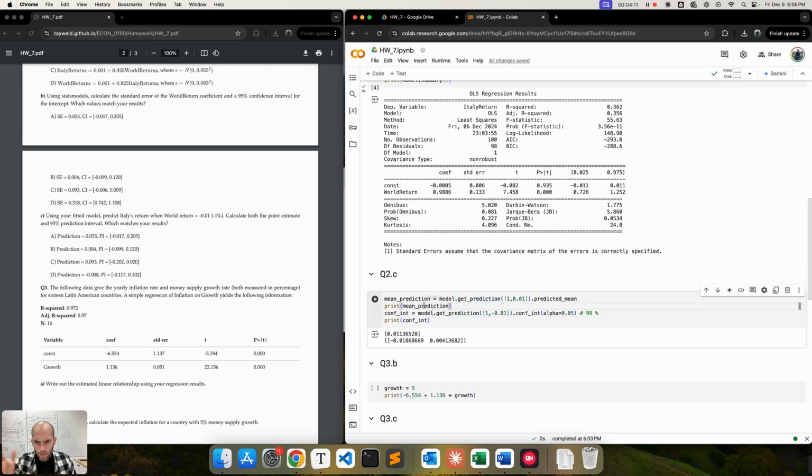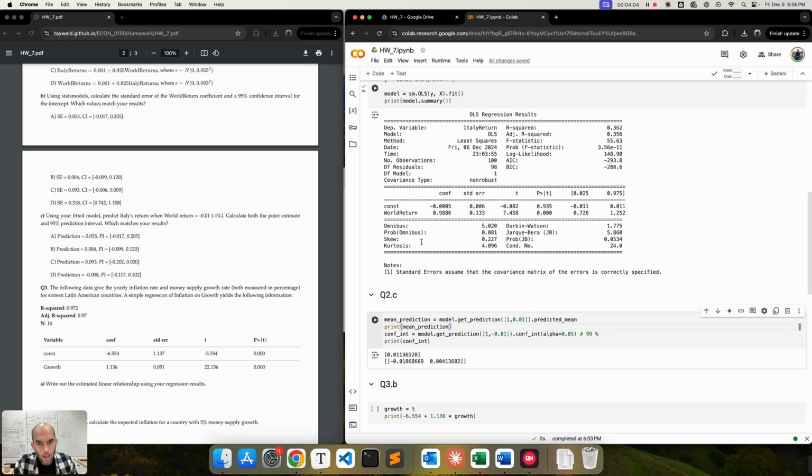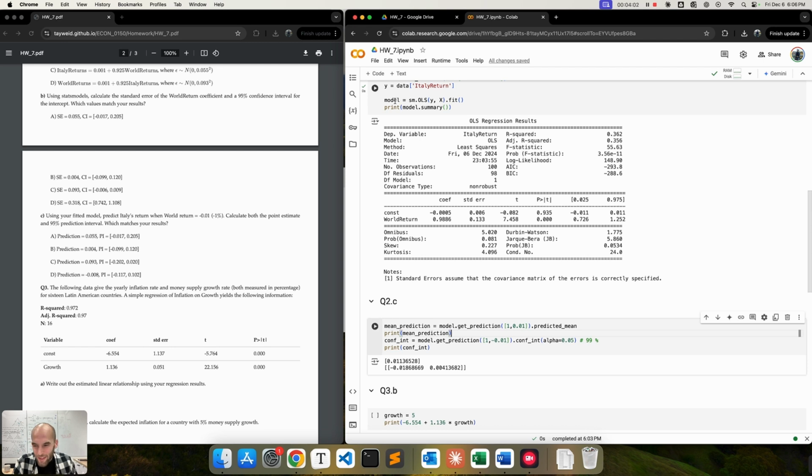And Gemini actually can do a lot of this for you, so rely on that heavily. But we've gone through and fit the model here. So what we want to do is just get the prediction, and that's what we're calling with this function. What it takes in is two values.